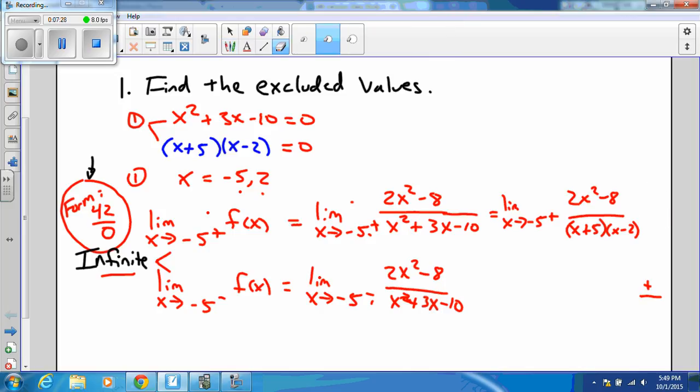Let me put my sign, I'm out of room here. So let me put my sign analysis above. Okay. And then in the bottom, for x's that are close to -5, but a little bit less than -5, say -5.1.